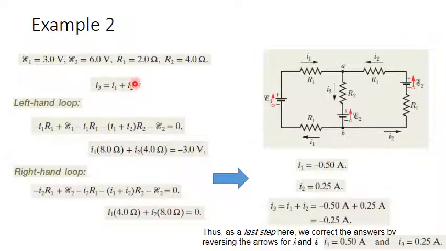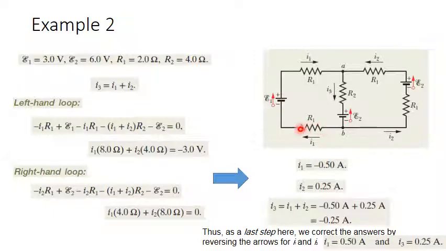So if we start with the left loop, assuming that we are going clockwise, and we start from point B. First of all, we will have a voltage drop at resistance R1.